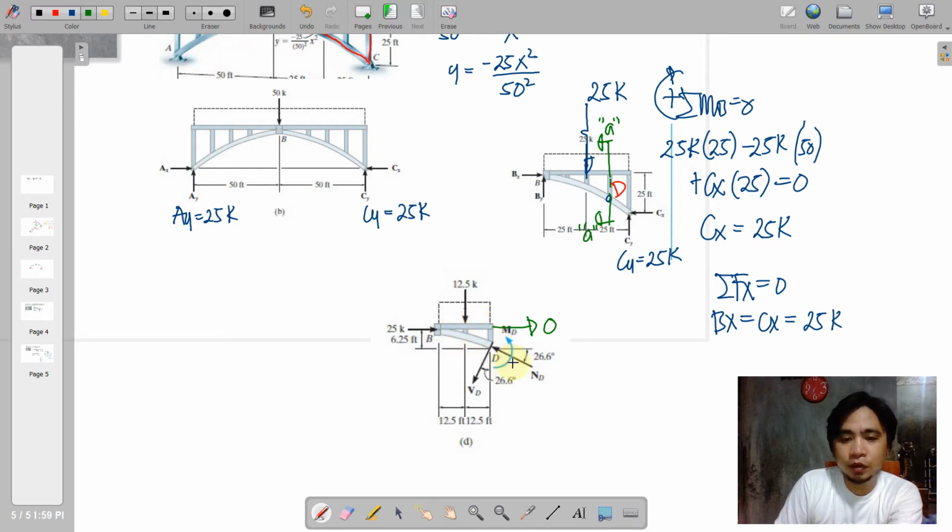So if we are going to determine all of the force transmitted on the bent member here, we need to indicate the shear that is perpendicular to the member, and the normal force that is parallel to the member at point D. And of course, there will be a bending moment at point D. The bending moment could be derived by the three equilibrium equations, as well as VD and the normal at D. So VD is the shear at D and ND is the normal at D at this particular point.